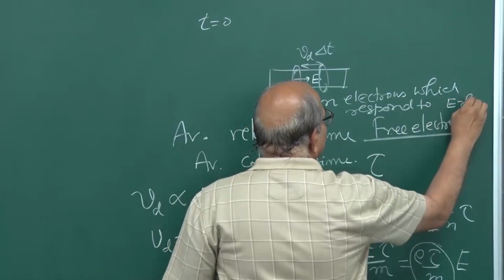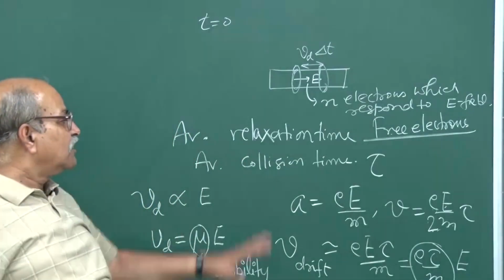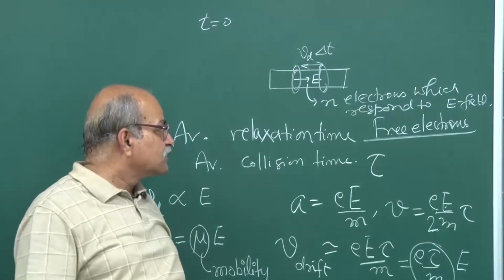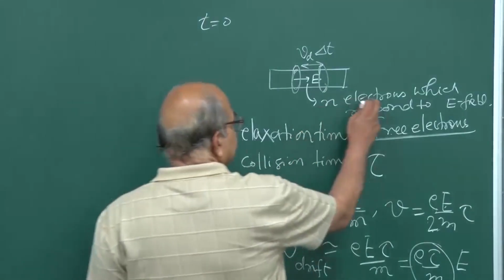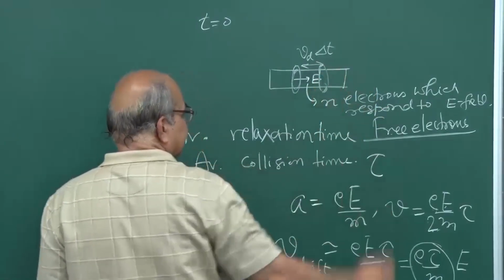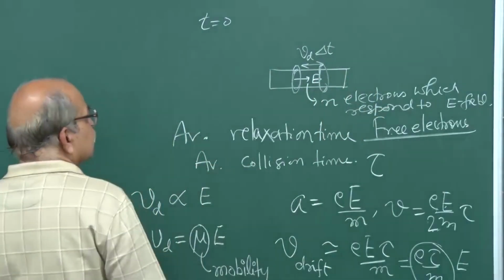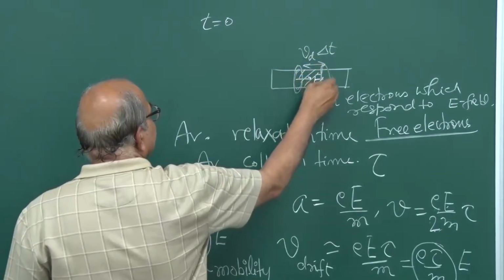As I told, not all electrons are going to respond. You have all that Pauli exclusion principle, but these are the electrons which you should call free electrons. In that case, you can work out at t equal to 0 how many of them are here.